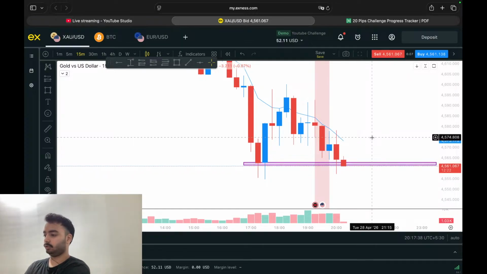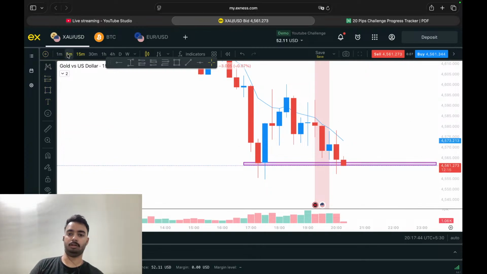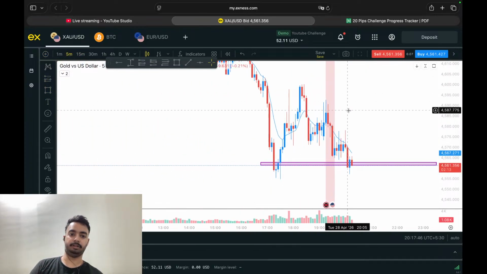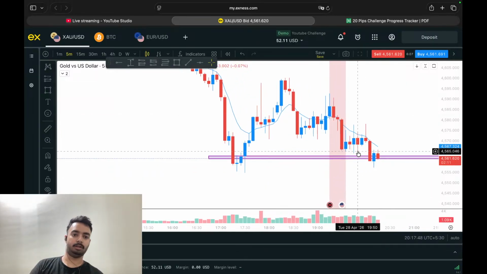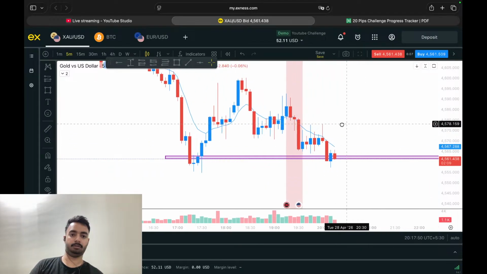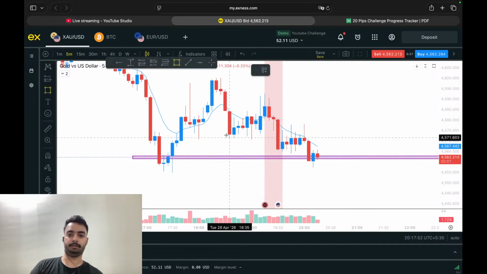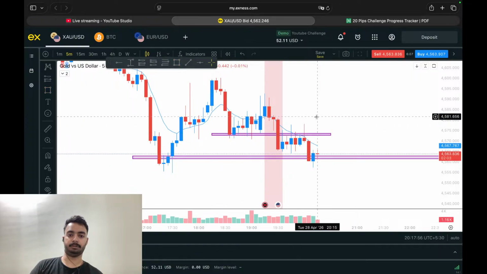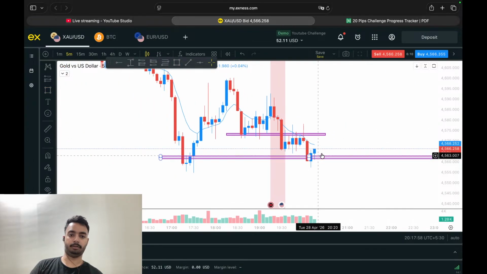Gold, on the 15-minute setup, is clearly in a downtrend, and after this breakout we could have traded this, but we still had support from here. So let's wait.